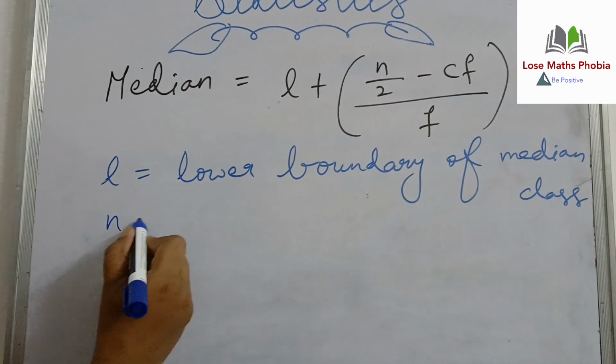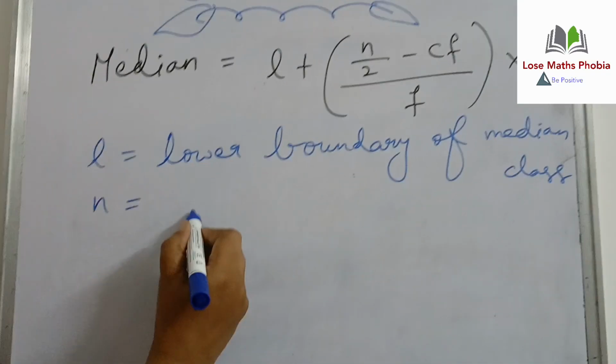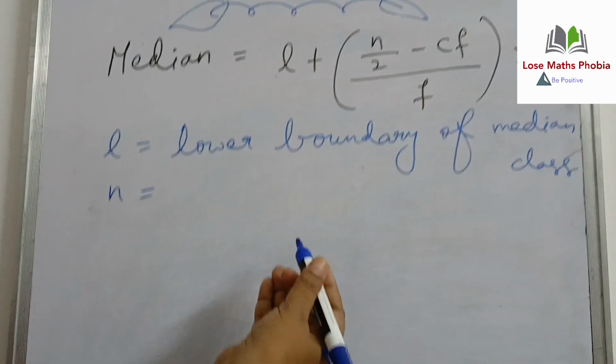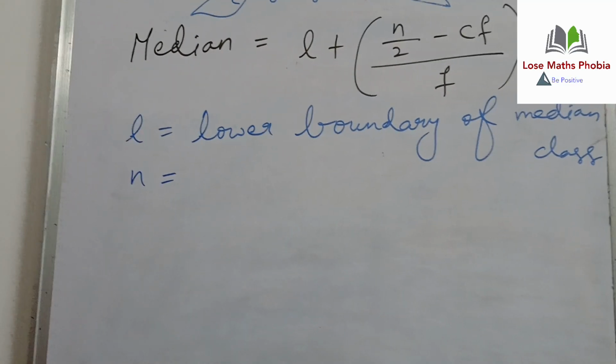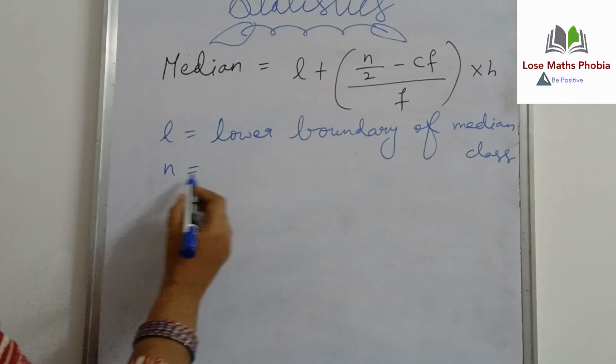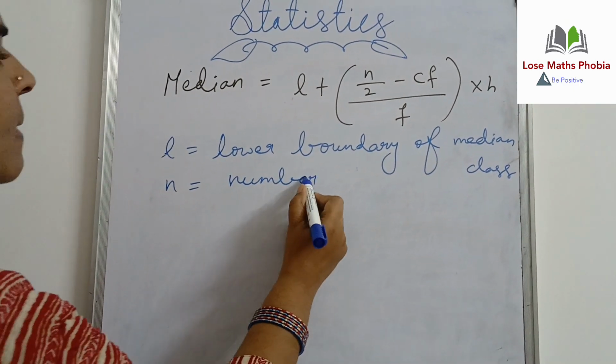And what is n here? Total frequency. It's not number of terms here, you don't confuse. Here n means number of observations.